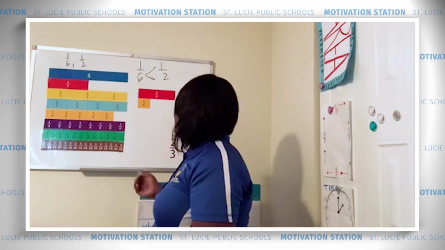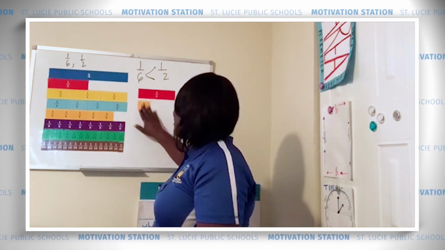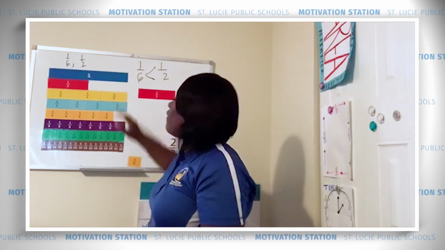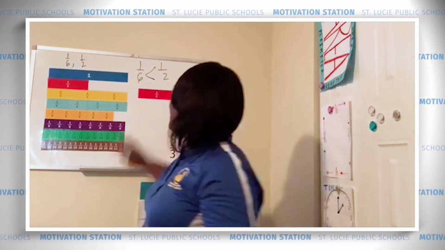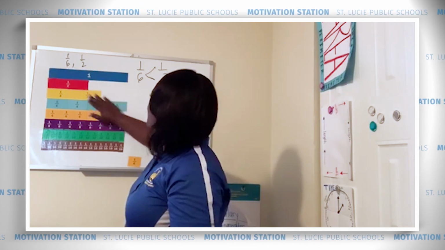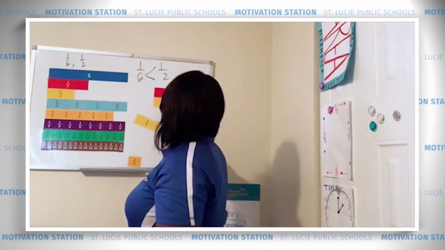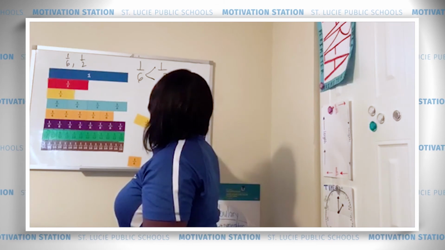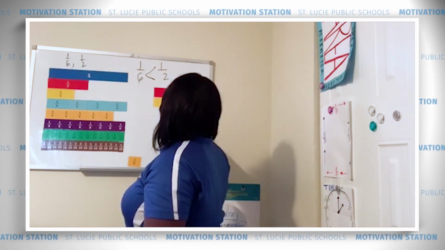So now I want to compare how big is 2/3 compared to a half. Wait a minute. We just did a lesson with those thirds and the halves, and we discovered that there were no thirds that were equal to the half size. In fact, just 2 of those thirds were larger than the half.